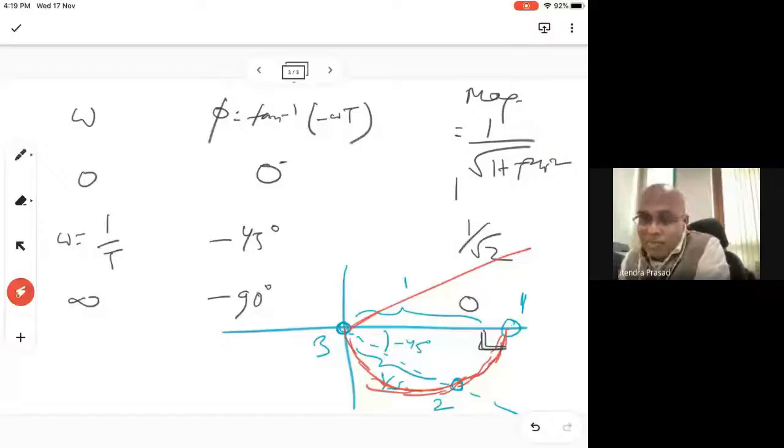On this radius it is 0. It is just the angle from the axis.